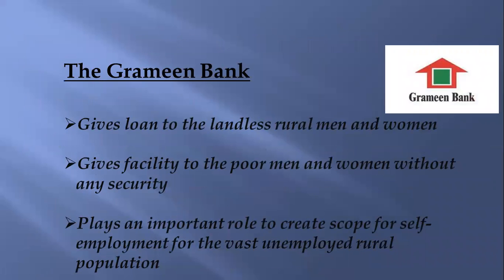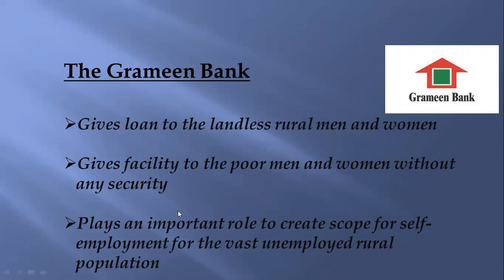Next, we'll read about the role of the Grameen Bank. Grameen Bank has emerged in Bangladesh as an exceptional bank. It is a specialized financial organization for giving loans to landless rural people. So this bank is also known as a microcredit facility bank.